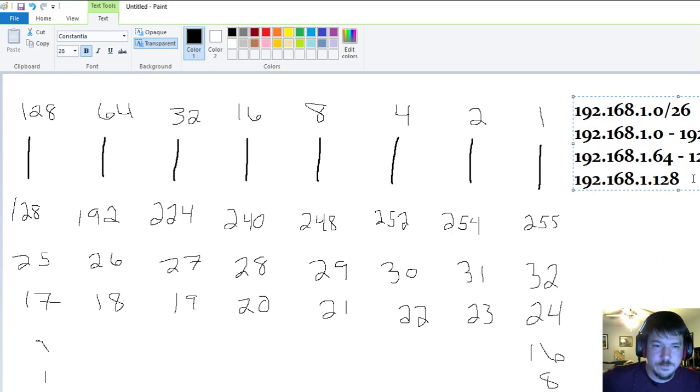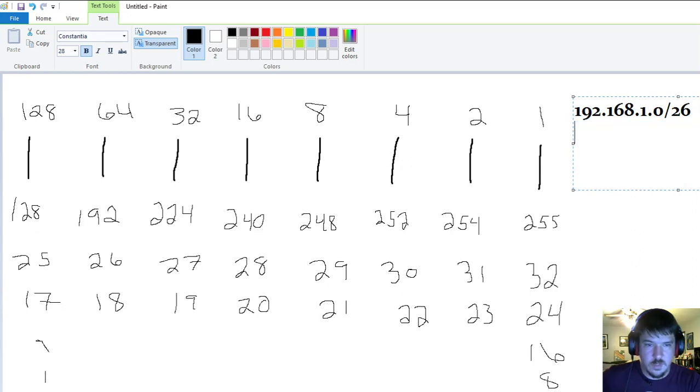So if anyone ever gives you something like this, what's the subnet ID of this? What's the very last or the very first? What is the name of this subnet? It's going to be 192.168.1.0 because 63 stays within that range.